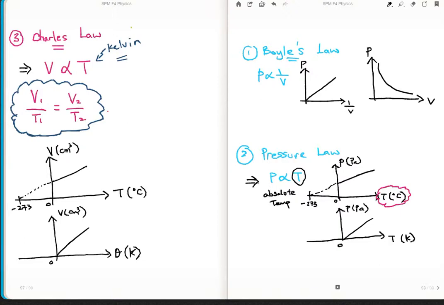So all you need to do is go back, in your own time, go through a reference and look for the applications. How do you apply these three laws? Boyle's law will always be the famous bicycle pump. Look for it, how does it work?